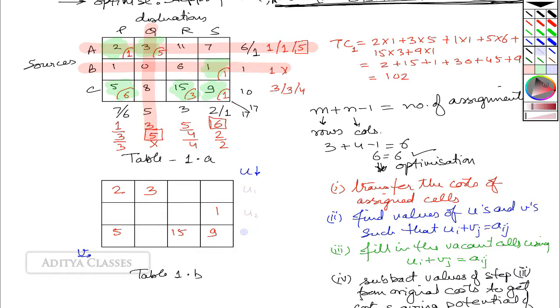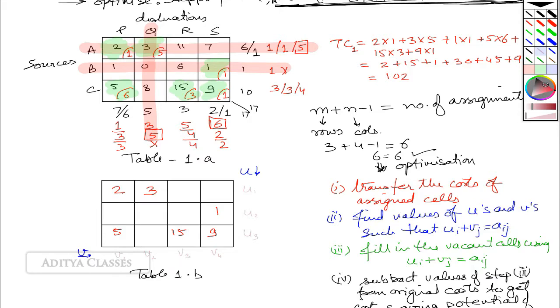U1, U2, U3, V1, V2, V3, V4, and these are A values: A11, A12, A13, A14 and so on. Fine. So we need to find out U and V values such that Ui plus Vj is equal to Aij.